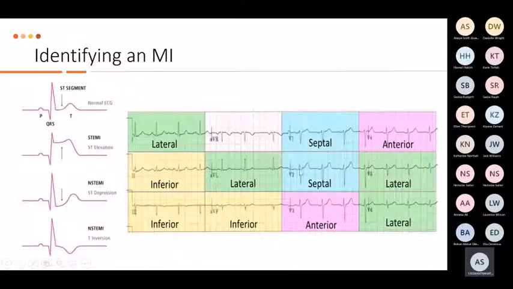V1, V2 is mainly the septum, and V3 and V4 is the anterior part of the heart. And then you've got your lateral leads, so lead 1, aVL, and then V5 and V6, which are your lateral leads. And this is supplied by the circumflex artery.